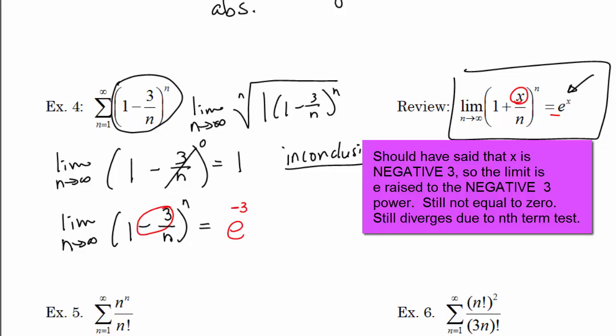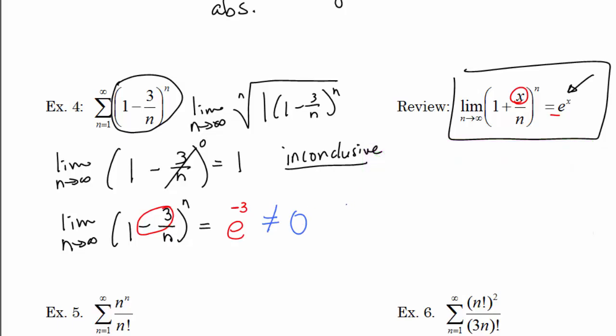So that's e cubed, which is not 0. What does that tell us? That means that this series diverges. And what test were we using? The nth term test.